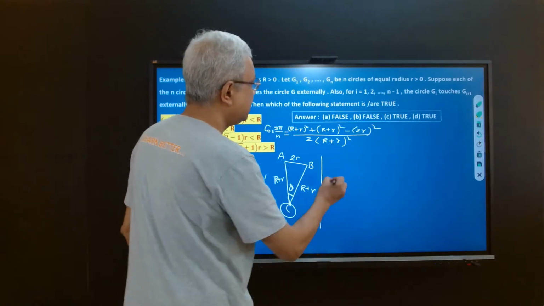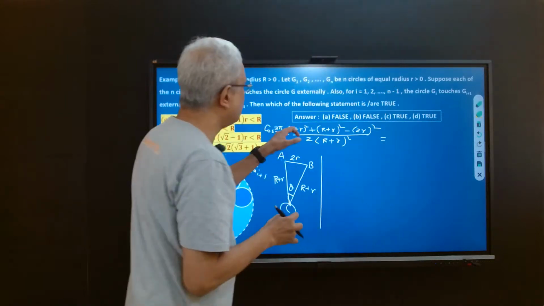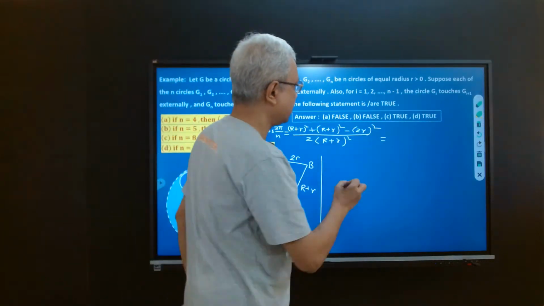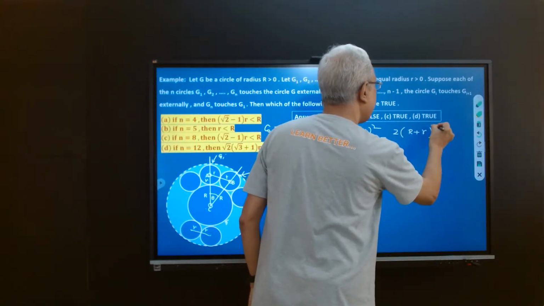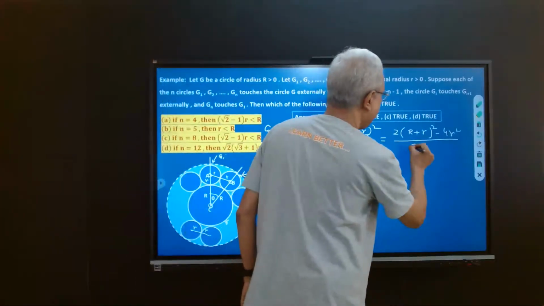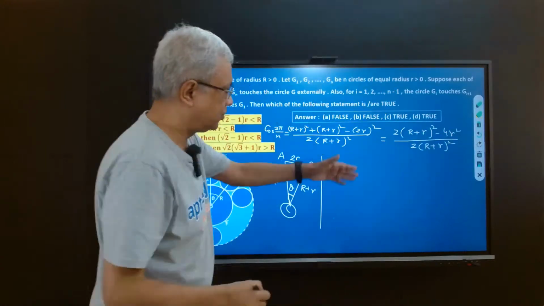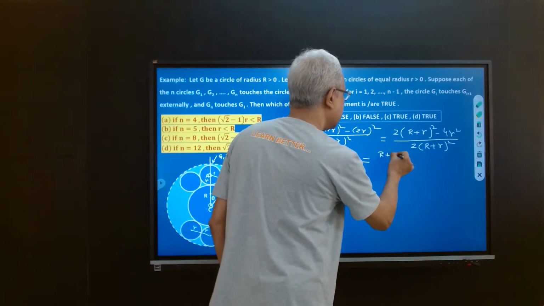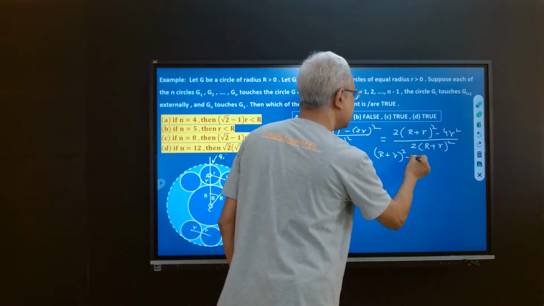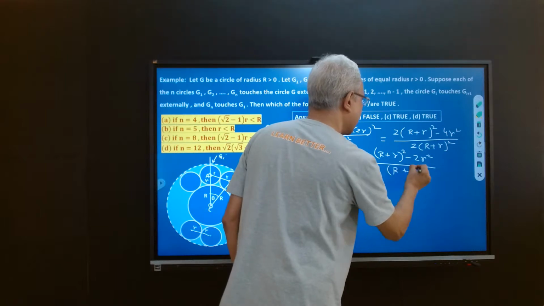So it is basically 2 R plus r whole square minus 4R square divided by 2 R plus r whole square. If you just cancel 2, then you get R plus r whole square minus 2R square divided by R plus r whole square.